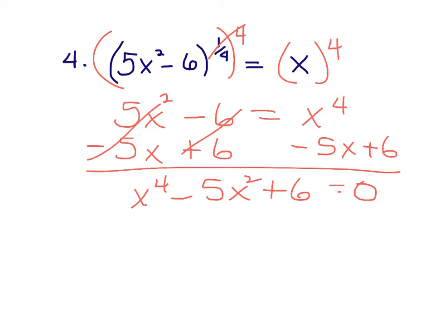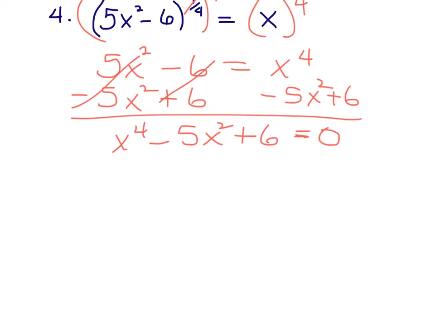Okay, so now at this point, if you wanted to do a u substitution, you could, but this really isn't that difficult to factor. I can find the two factors of 6 that will give me -5. And that's going to be -2 and -3. So instead of an x, I've got an x squared minus 3 and an x squared minus 2.